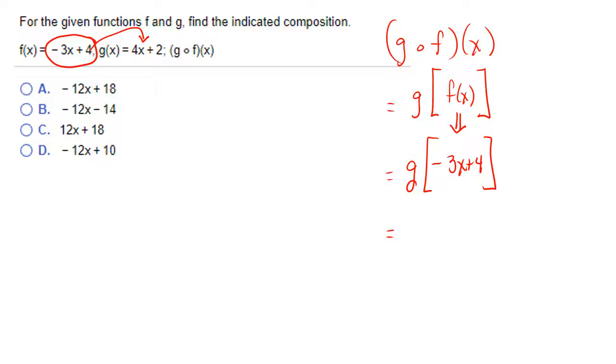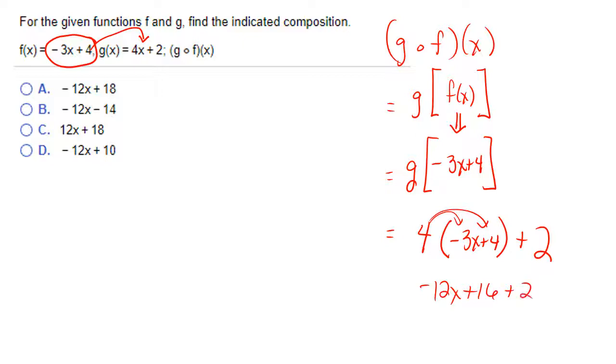So that will give me 4 times the negative 3x plus 4 and then plus 2. To simplify, I use the distributive property. I get negative 12x and positive 16 plus 2, which is negative 12x plus 18. Final answer. And that answer is my answer A.